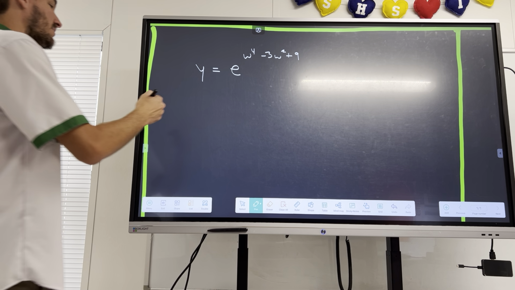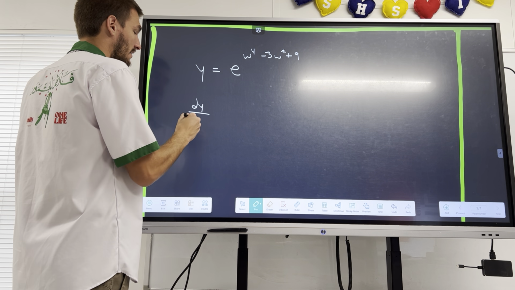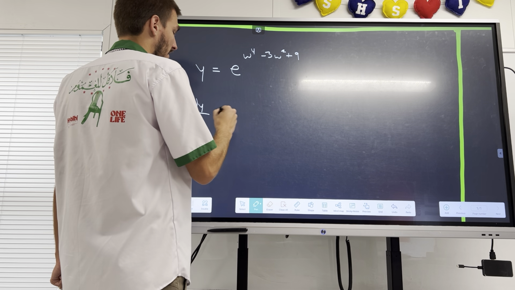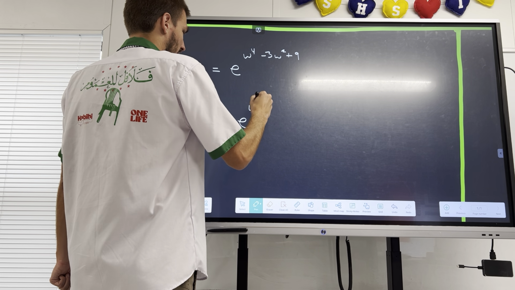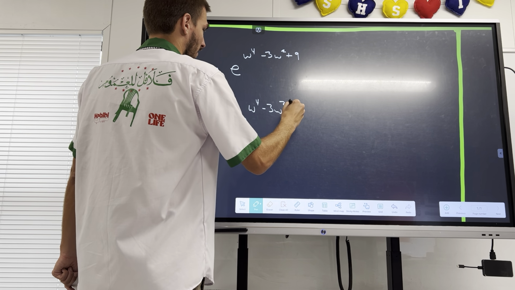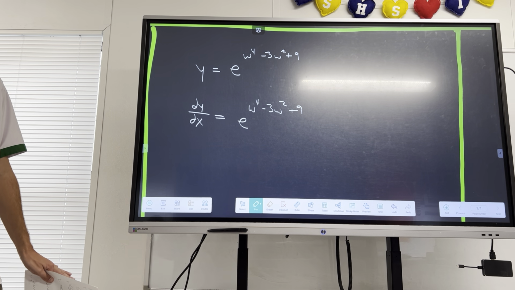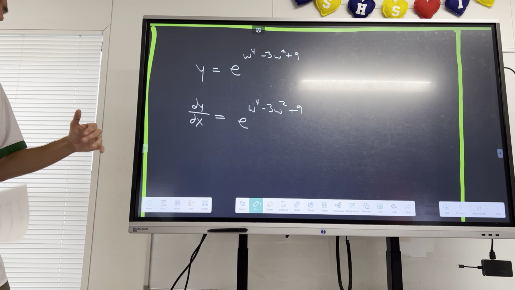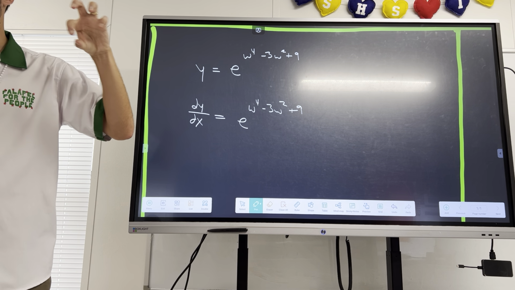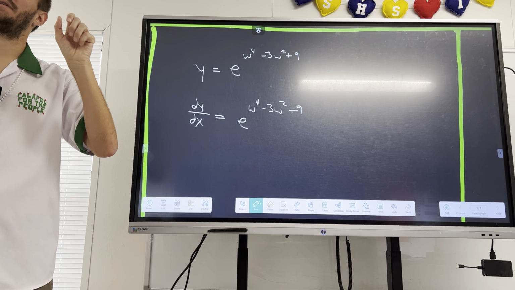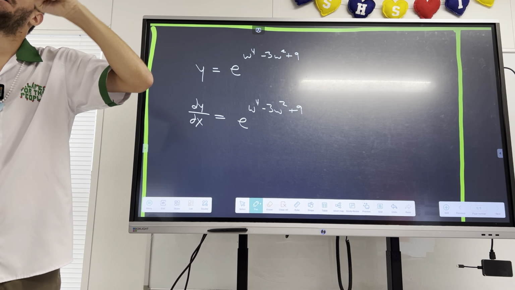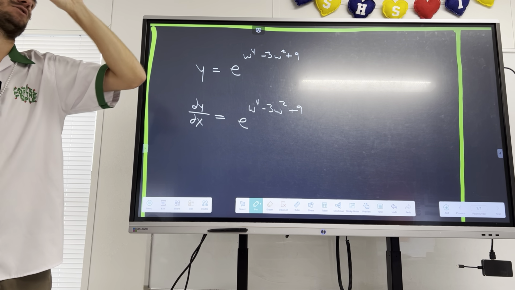So when we go to do this question, and we go to do dy dx, it's going to be e to the w power 4 minus 3w squared plus 9. You don't do anything to the derivative. But this is not the super simple e to the x function. This is e to the something function, and that is a function within a function.